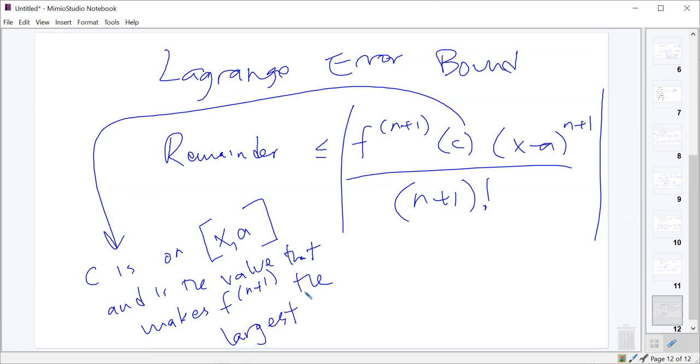So our remainder there is always the n plus first derivative at the largest value c between x and a, times x minus a to the n plus 1 over n plus 1 factorial. Good with that or no?